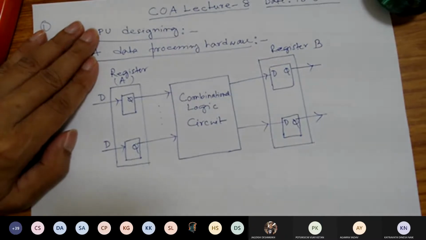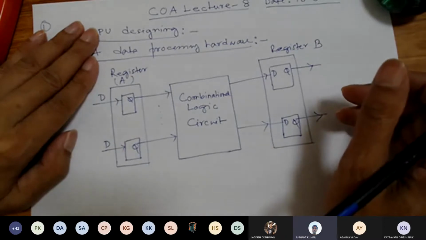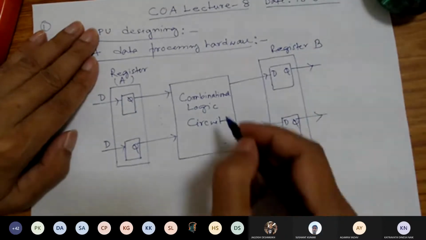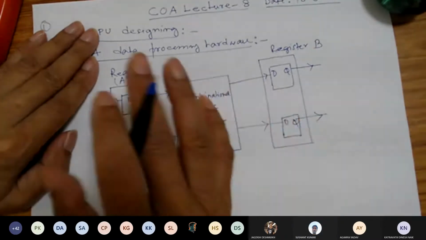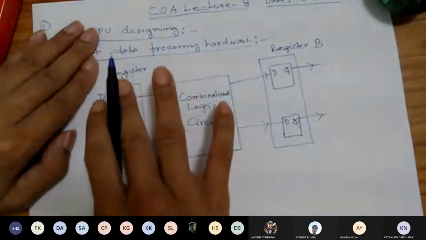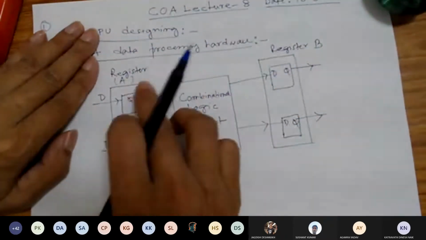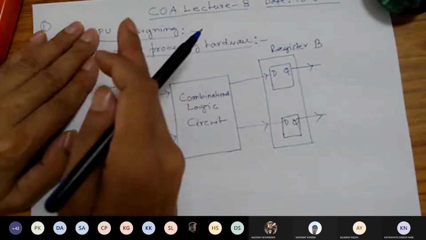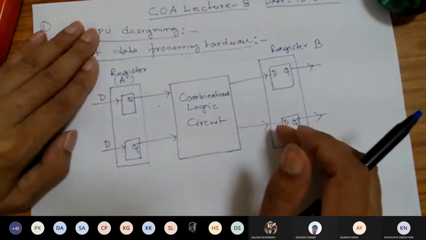Now what else is needed in this circuit? Sir, might be we need one more register for input. That's correct. If the combinational circuit performs an operation, we may require multiple inputs. But let's assume that multiple inputs are going through this one itself. When I'm saying register A, it may be register A and B as well.